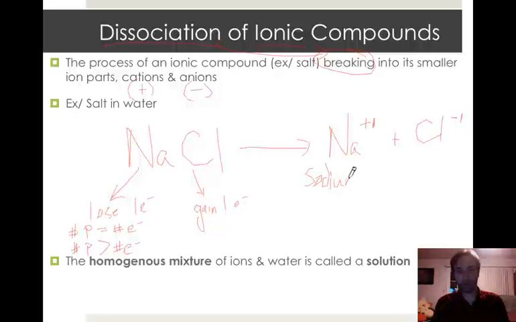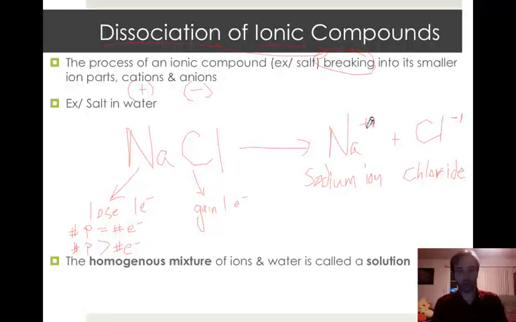Remember, in terms of naming, metals are always just named after themselves. So this is sodium, and then we call it a sodium ion. Nonmetals, on the other hand, you take the beginning of their name, in this case chlor, and then you add an -ide ending. So this is chloride. Hence, what we call normal table salt, the scientific name for that is sodium chloride.